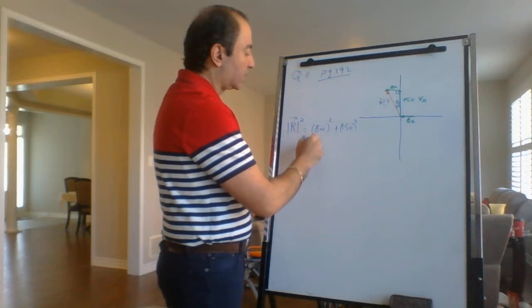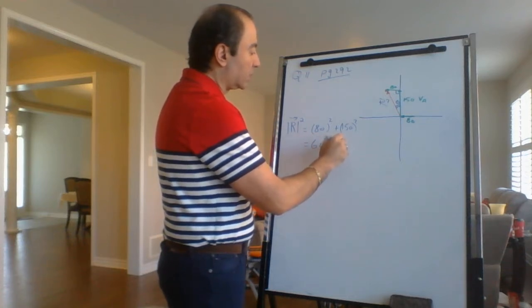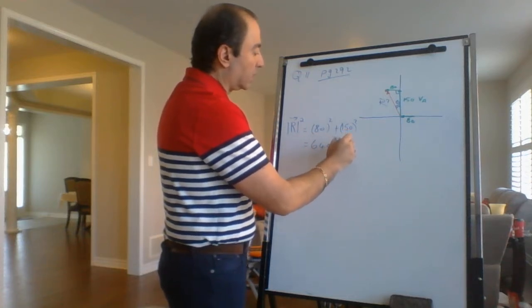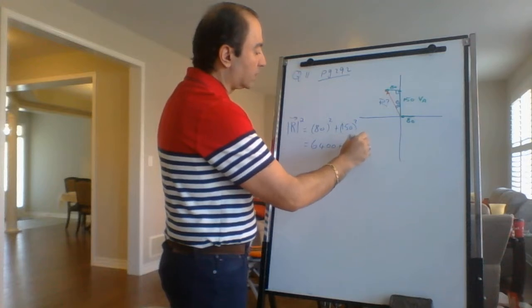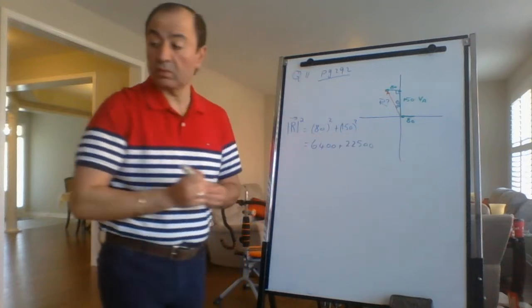So this is 6400. This is 22500, 150 squared.